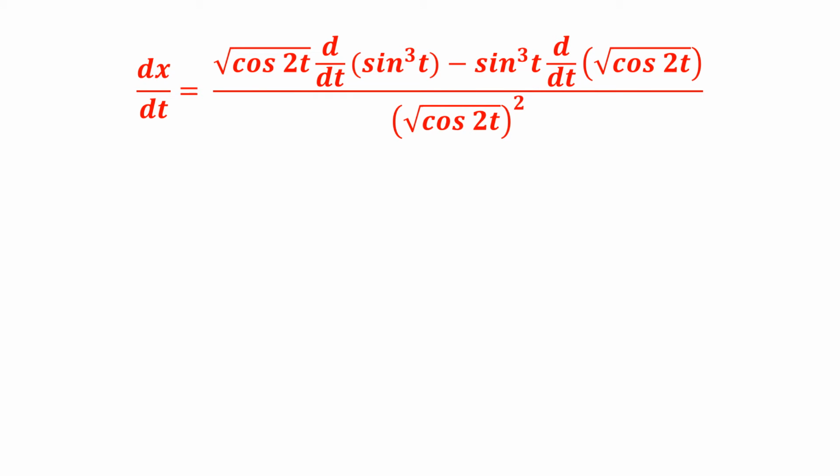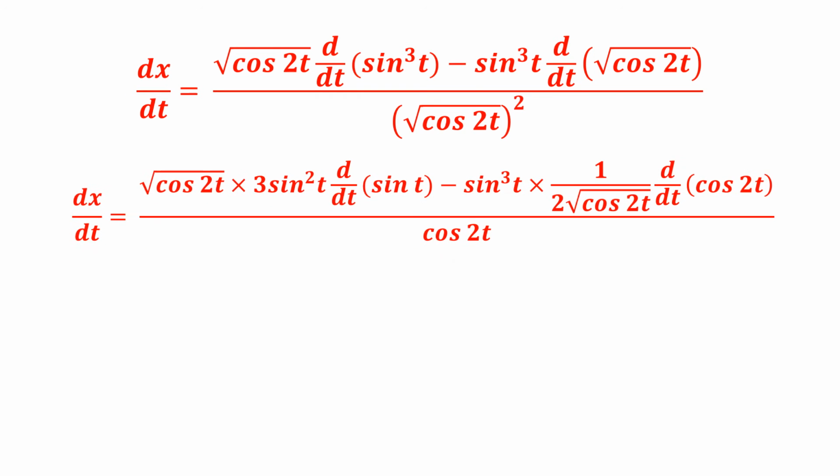We got root cos 2t into differentiation of sin cube t minus sin cube t into derivative of root cos 2t. For derivative of sin cube t, we have to apply the chain rule: 3 sin square t into derivative of sin t, minus sin cube t into 1 by 2 times that square root, because root x is 1 by 2 root x, so 1 by 2 times root cos 2t into differentiation of cos 2t.